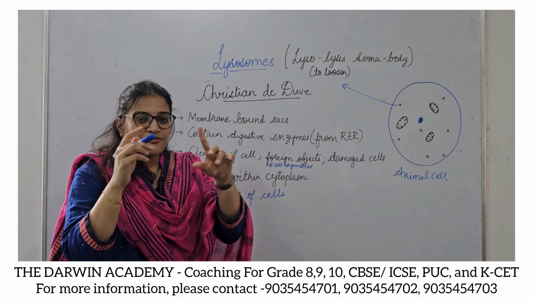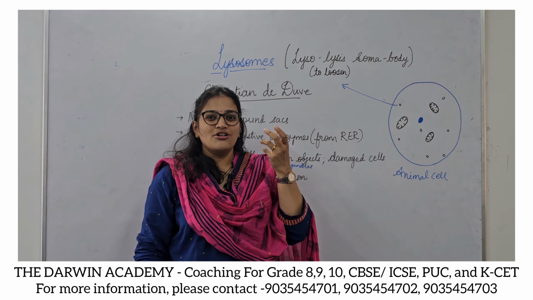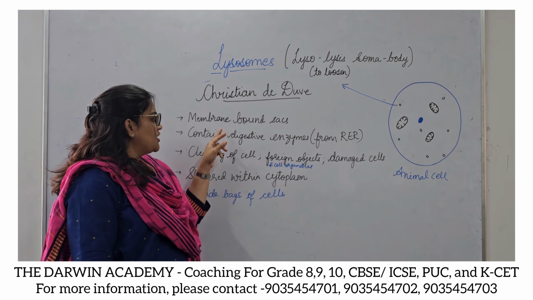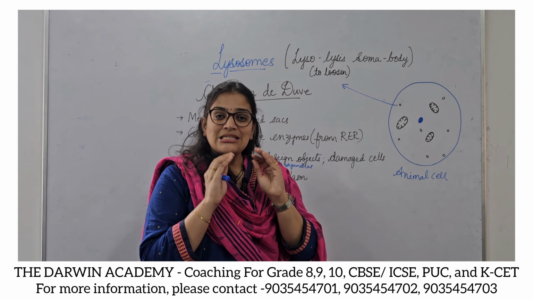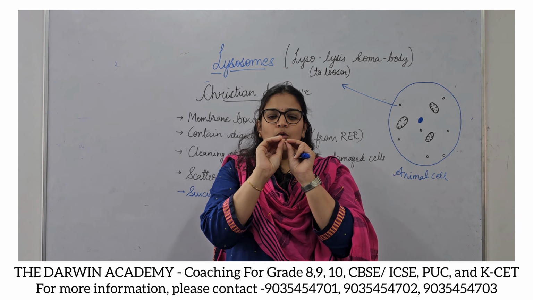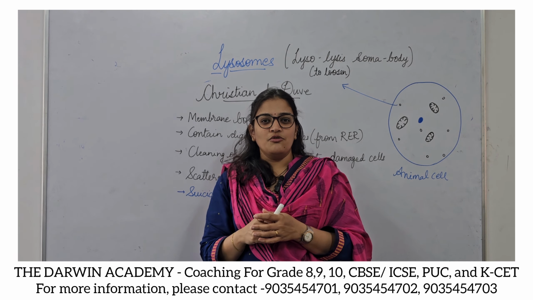So, with that, we know that lysosomes are round structures or sacs, okay, which are roundish in nature and they are bound by a membrane. That means they are covered by a membrane. Imagine a round bag which is layered with membrane. That is how a lysosome would look like.